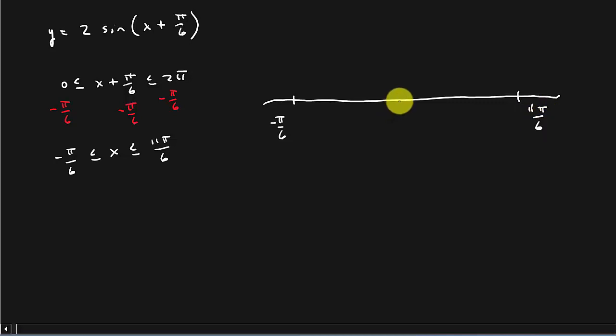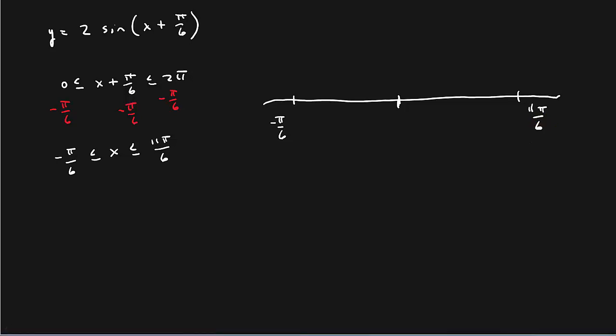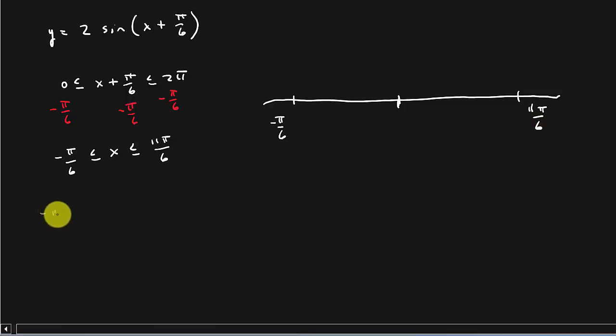All right, so now what we want to do is split this up into 4 equal intervals. So we need the midpoint between negative pi over 6 and 11 pi over 6. So how do we do that? When we come over here, we've got negative pi over 6 plus 11 pi over 6, and that is 10 pi over 6, which is 5 pi over 3.